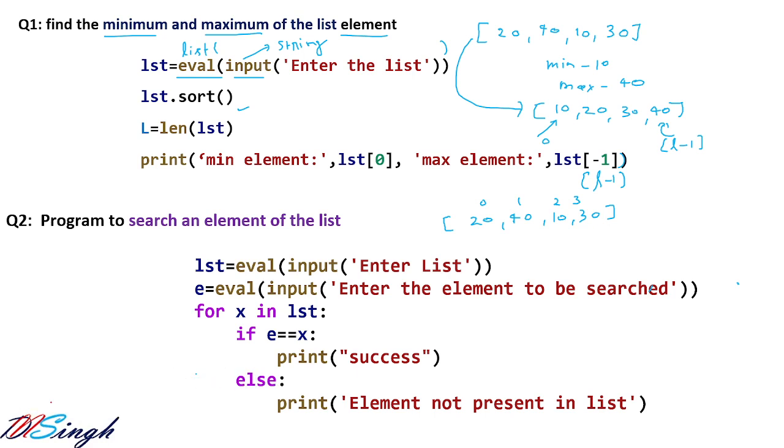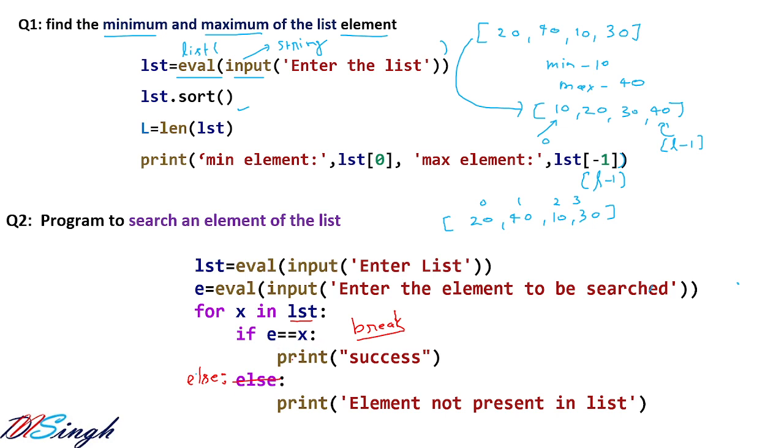Let me change the color of my pen. It should be written here, else, and that else statement will execute if your loop terminates automatically, not through the break statement. So we are not executing break anywhere. This loop is going to be terminated automatically when our list is exhausted. So then else will execute.